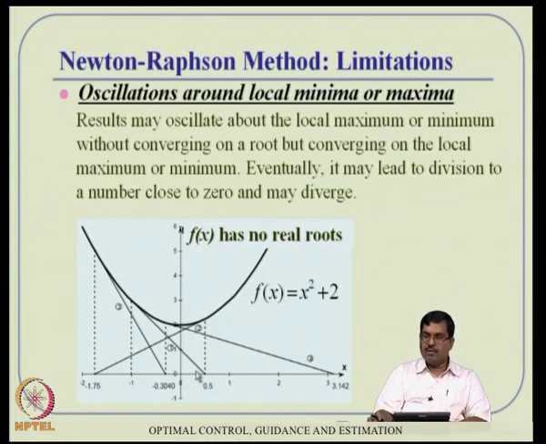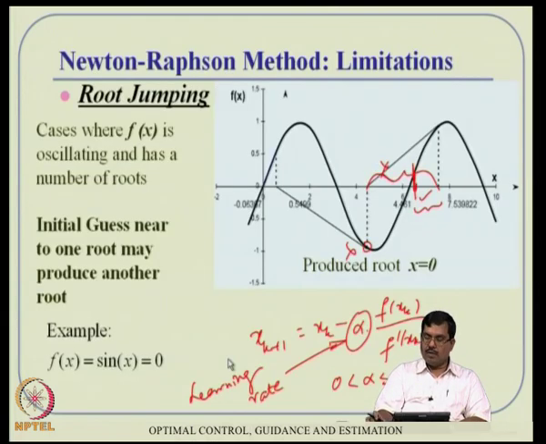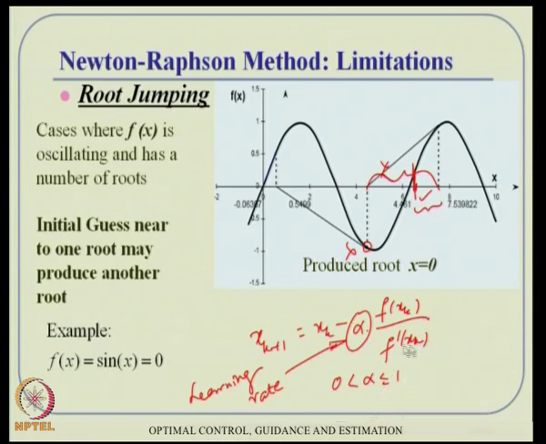But once you approach closer, the slope becomes 0. So that f dash of x, this particular thing what you see here, will turn out to be 0, and hence you will jump. You will come very close and then go back.